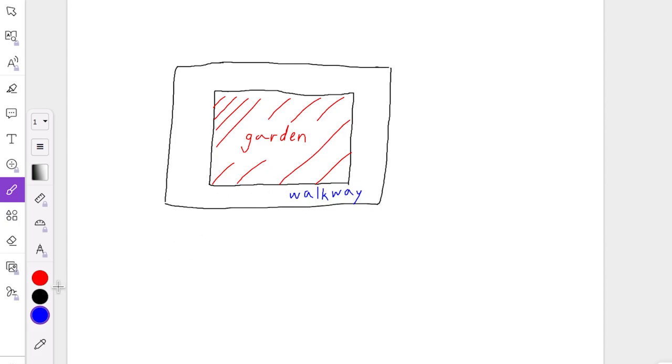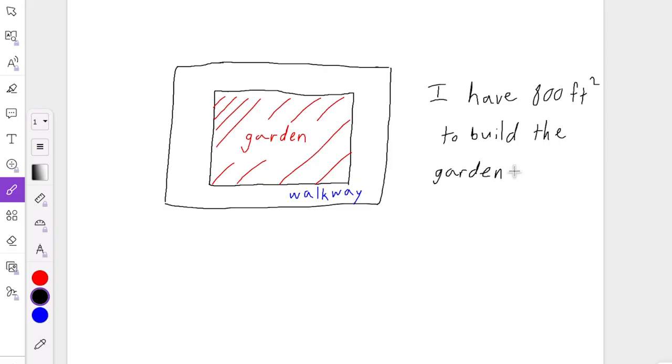Okay, if you disagree, I don't really care. This is the setup, and here's what I know. I have an 800 square foot area to build the garden and walkway. The whole area is 800 feet squared.